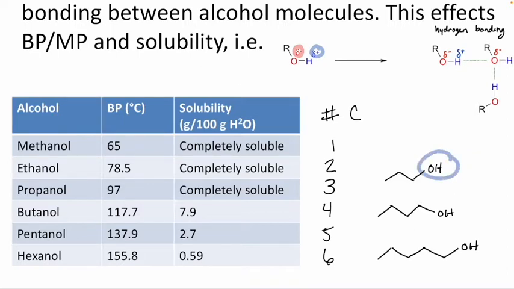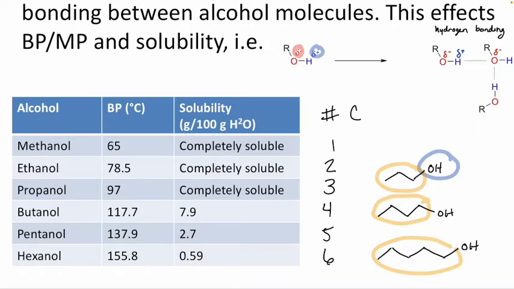It can interact with water really well. But then you have the back half of this molecule, which is relatively nonpolar. We know our alkanes are nonpolar. And so as that nonpolar end grows, the solubility in water decreases.